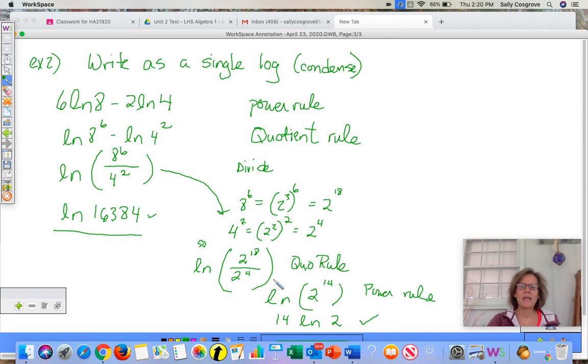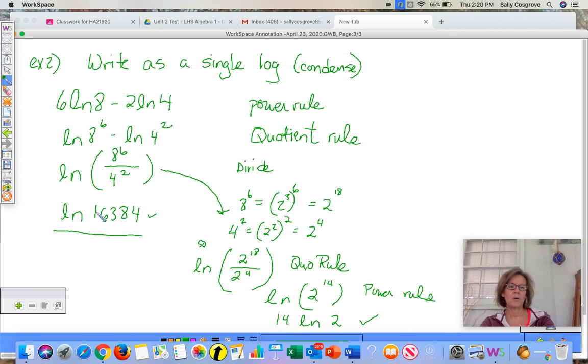All right. So I realized that some of you, and this is common to hear students say, well, I don't know, do I need to keep going? Am I done? Do I keep rearranging? So I'm trying to write it as a single log. So again, you could have gone here. But the reason I'm showing you both ways is because you're going to be doing odd problems, and the book is going to do it this way and probably end up with it like this part of the time.